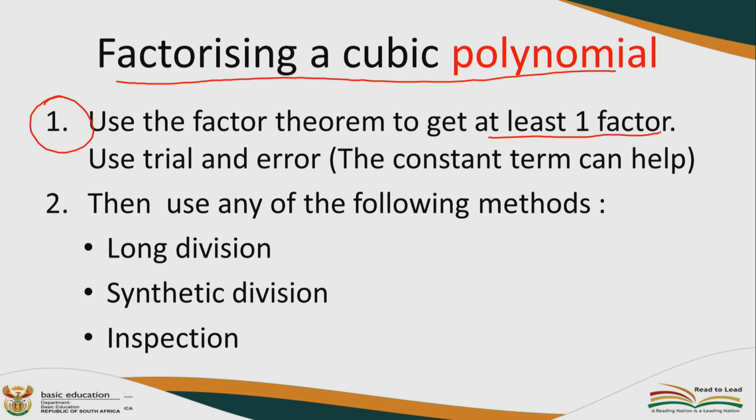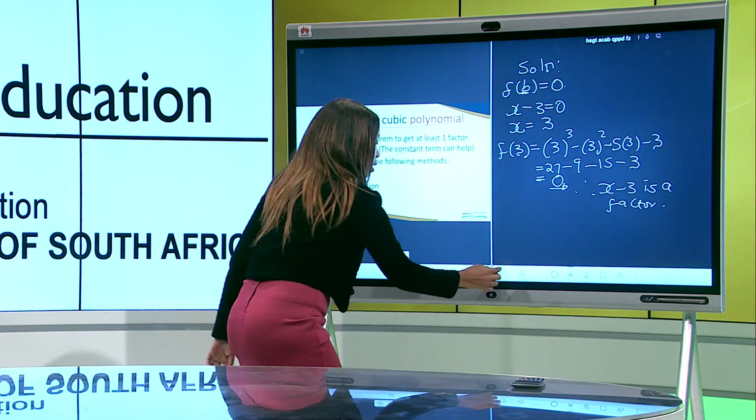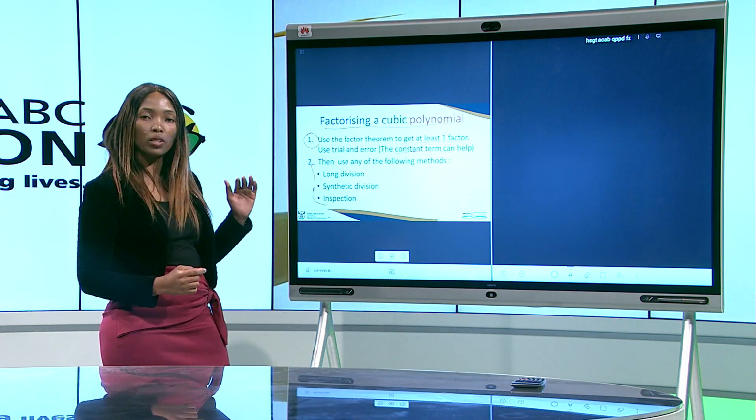Make sure that you focus on the constant of your given function. From there, you can use trial and error to determine the exact factor of the polynomial. From there, you can use any method from the list: long division, synthetic division, or the inspection method. Now I'm going to take you step by step on how to deal with each and every method.